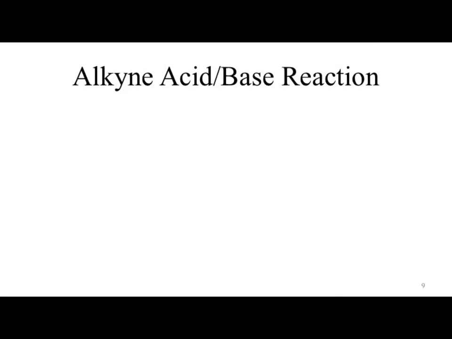We just looked at the acid-base reaction. So let's pick another example here. So I don't think I want to get into chapter 9. Let's take a look at this alkyne. What happens when I react this with sodium amide?